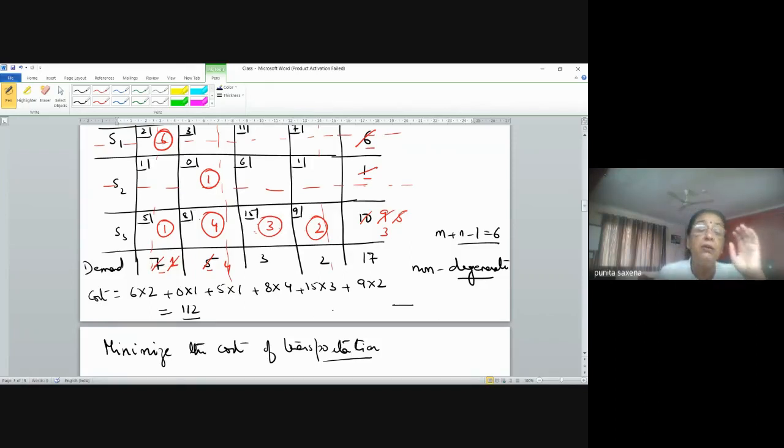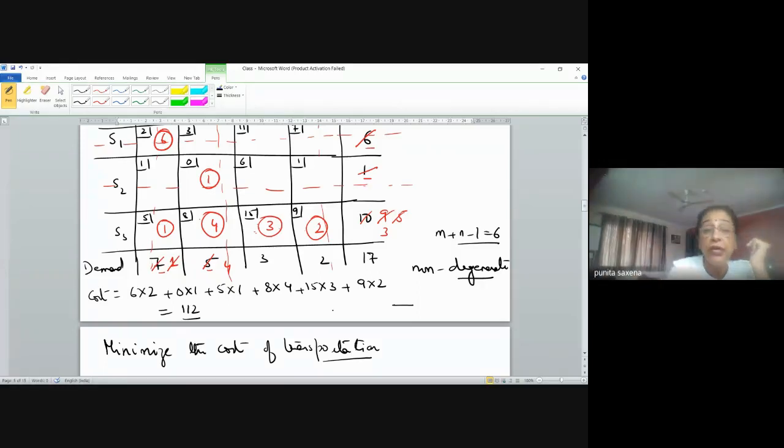Obviously, the question can be, what do we mean by better? Or how do we rate a particular method to be better? Ultimately, we have to reach an optimal solution. Say supposing you start your initial solution with the northwest method and then check for optimality.